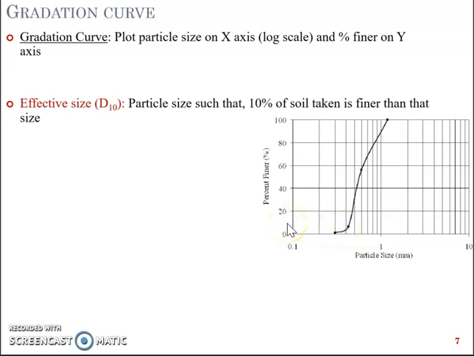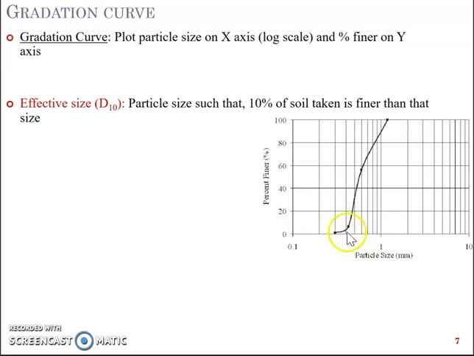To get that effective size D10, you'll have 10% finer here. You draw a line parallel to the x-axis, and it will meet the particle size distribution curve at a certain point. You drop a perpendicular and you'll get the size.